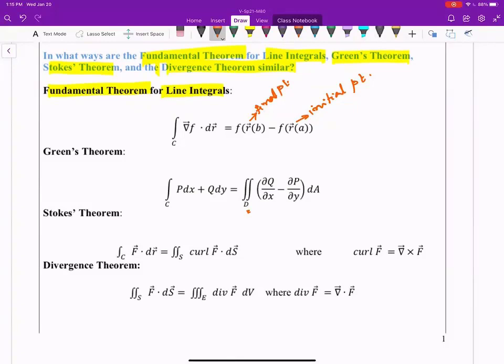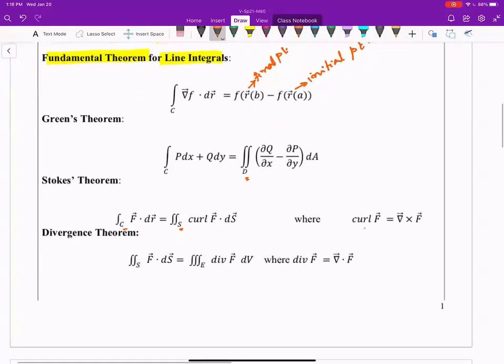The right hand side is a surface integral, the left hand side is the line integral. And what is the connection between C and S? C is the bounding curve of the surface S. What is curl F? It is del cross F.